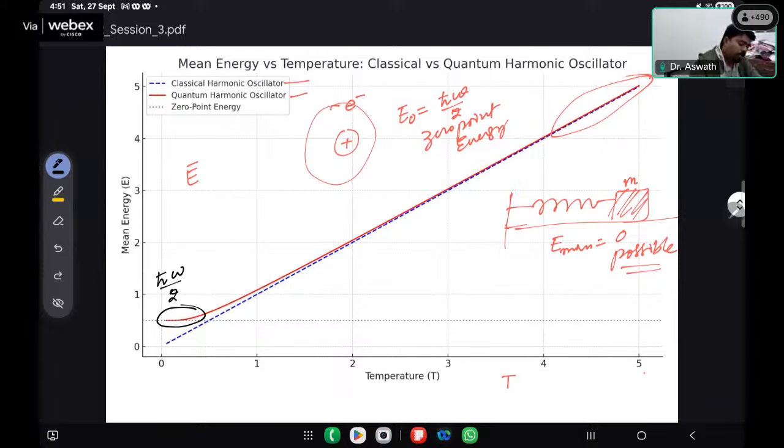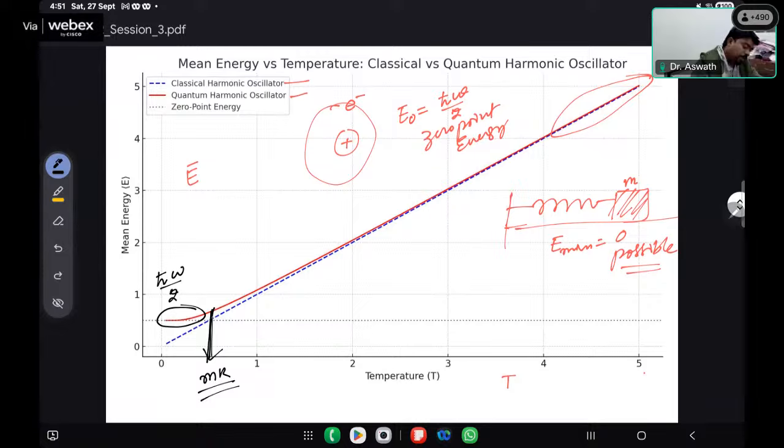I can't have more than that. How much can I reduce the temperature? I can reduce up to some level here. This is somewhere close to a few millikelvins. You can't go less than that.